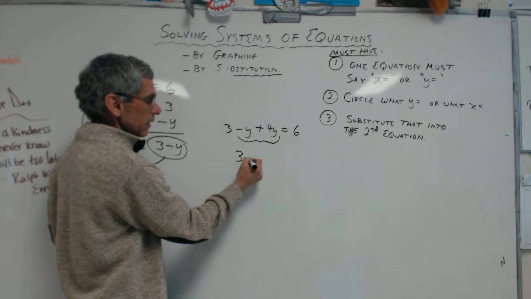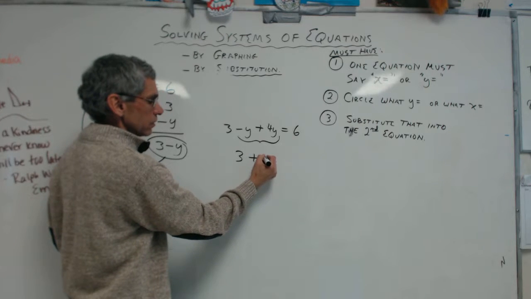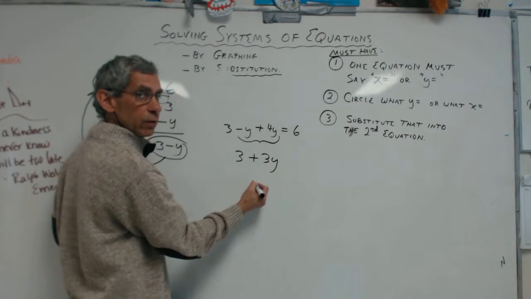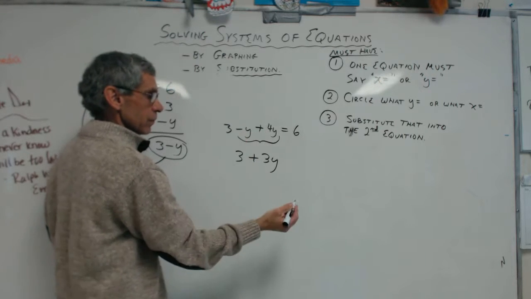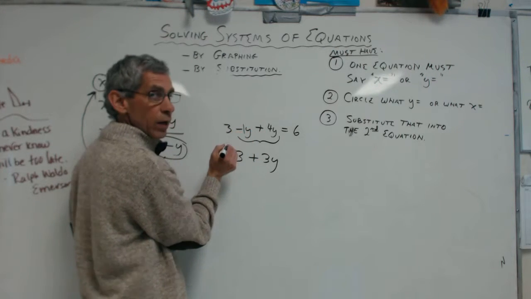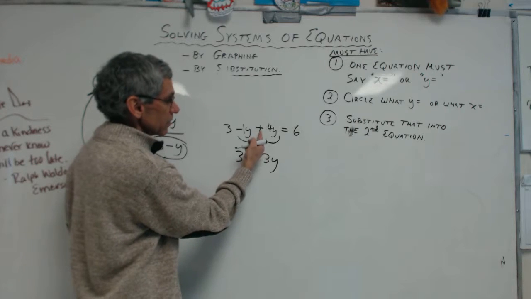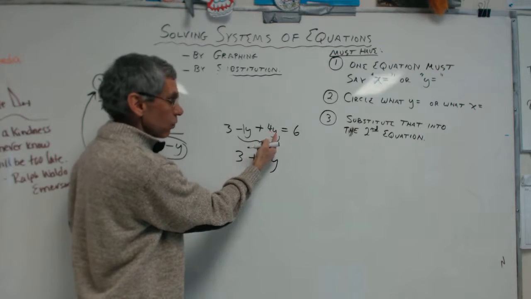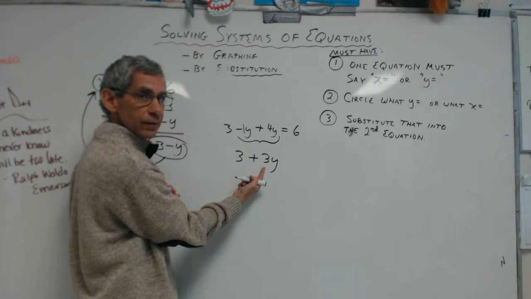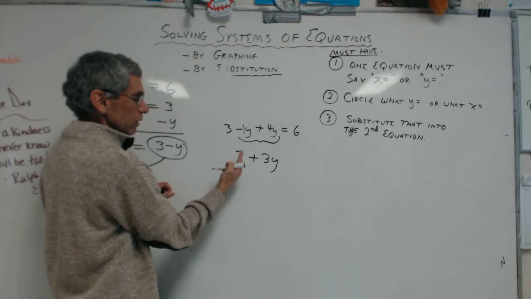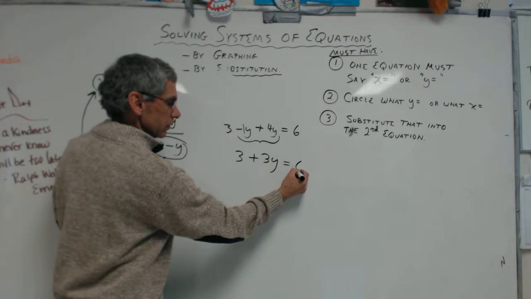So I have 3 plus 3y. Because this is a negative 1y and this one is a positive 4y. 4 y's minus 1y is 3 y's. Does that make sense? So I have 3 plus 3y equals 6.